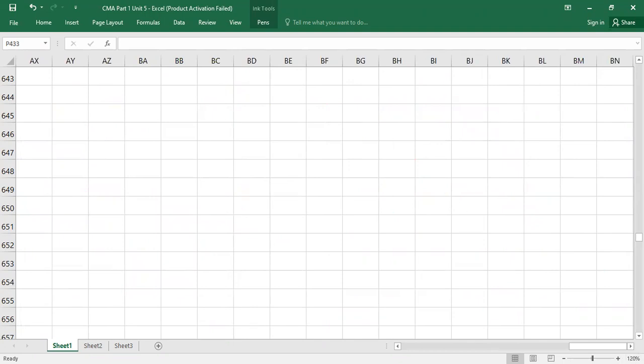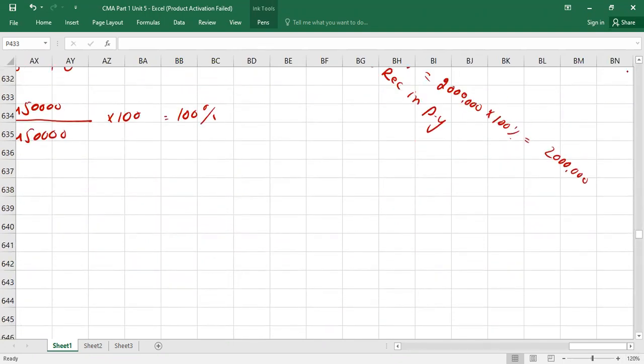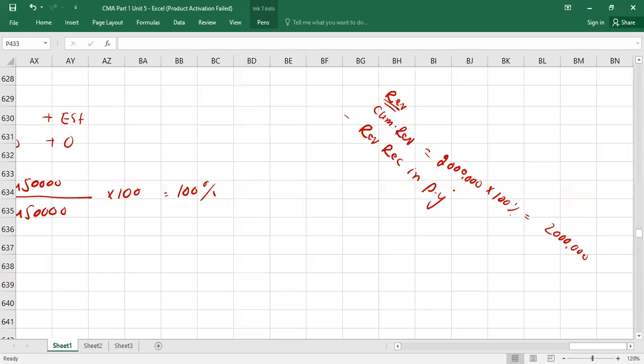Okay, here it is now. So revenue recognized in previous year is 1.2 million, because 500,000 was recognized in the first year and 700,000 in the second year. So you have to recognize the remaining in the year, which will be 800. This is the revenue for the year.